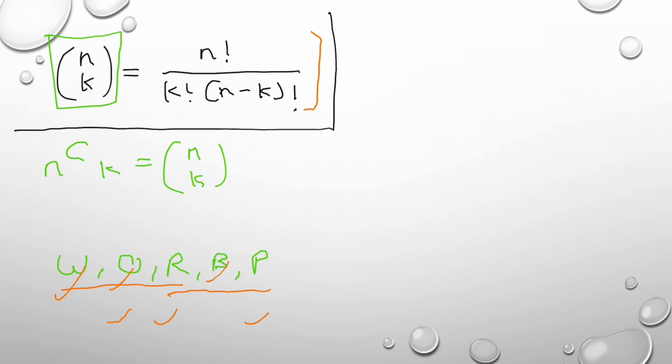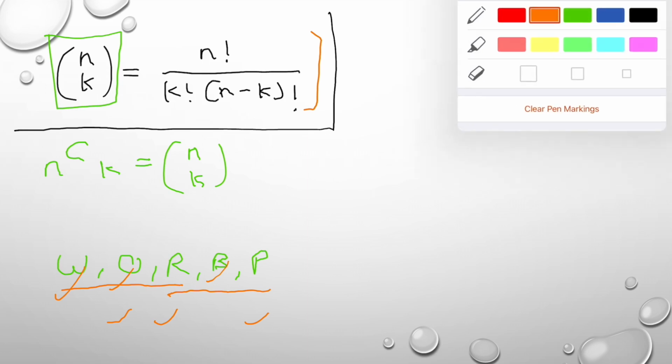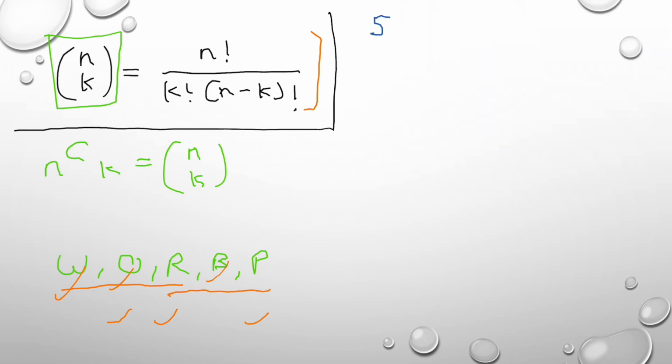Now, if you're not familiar with the factorial notation, a factorial means you multiply the number itself and all the integers less than it up till 1. For instance, 5 factorial essentially is 5 times 4 times 3 times 2 times 1. The 1 is insignificant, but we write it.